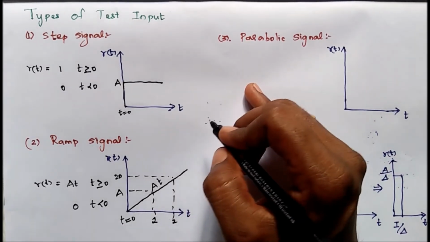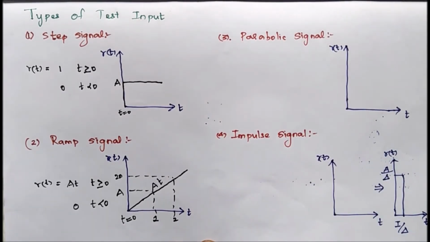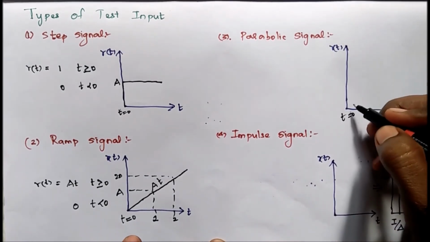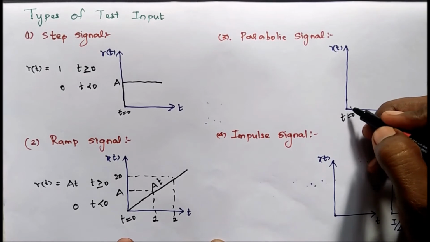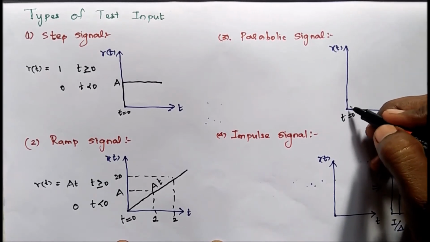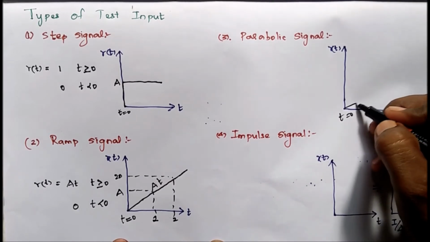Next one is the parabolic signal. A parabolic signal starts at t equal to 0, and as t keeps increasing, the magnitude of the parabolic signal increases like this.